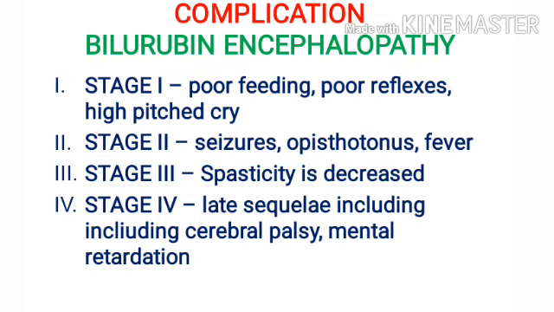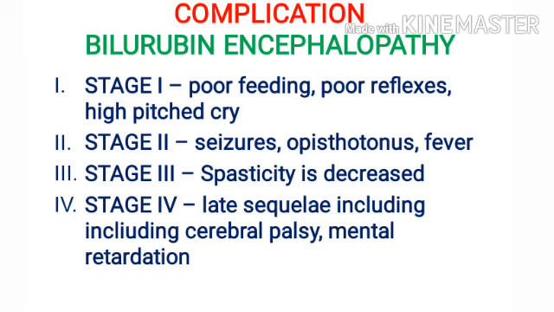Our duty is to identify the early signs and symptoms of exaggerated hyperbilirubinemia, which leads to this encephalopathy, and refer the child as early as possible. We cannot manage bilirubin encephalopathy. So our aim is to prevent it, or our medicines will prevent it by regulating the bilirubin level within normal limits.